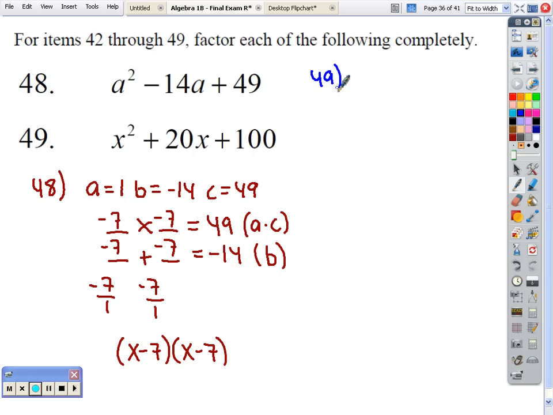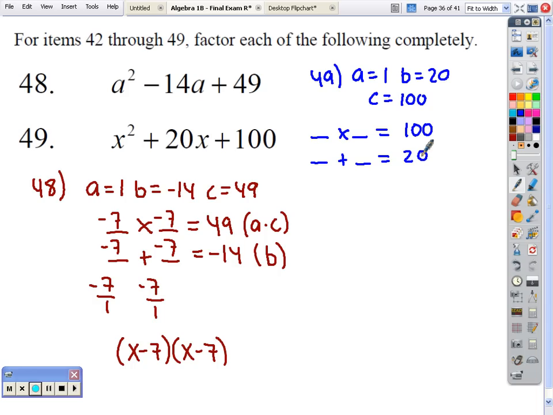So for 49, I'm going to do the same exact thing. I'm going to do the ABC method. My a is 1, my b is 20, and my c is 100. So I'm asking what times what equals a times c, which is 100, and what plus what equals b, which is 20. It's actually fairly easy. 10 times 10 is 100. 10 plus 10 is 20.